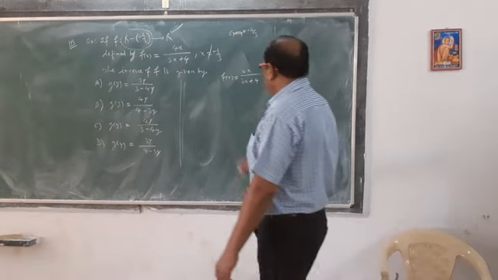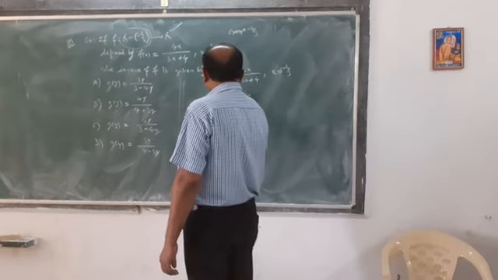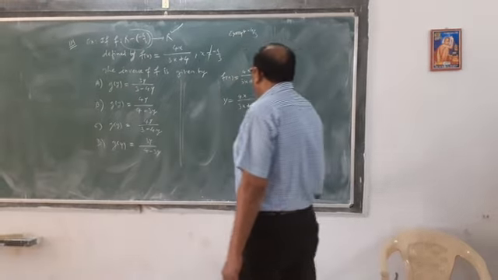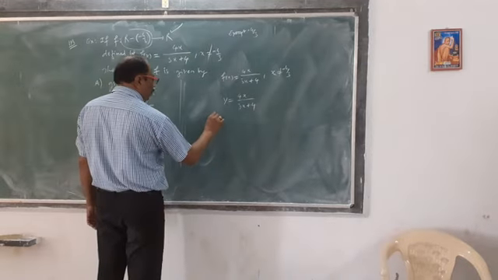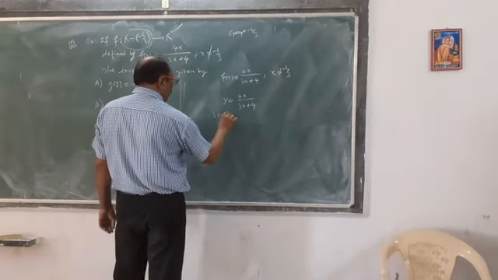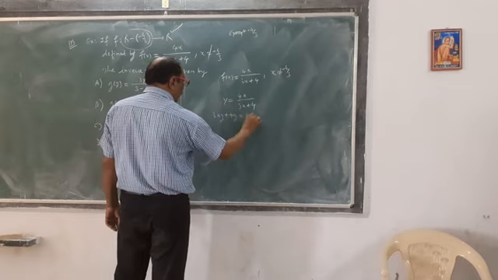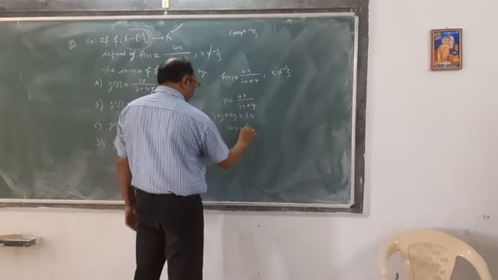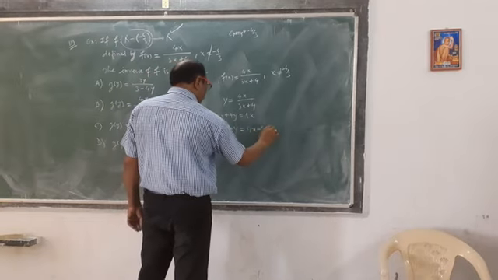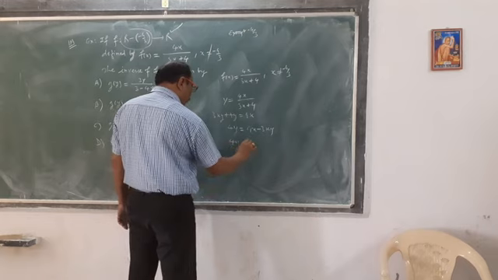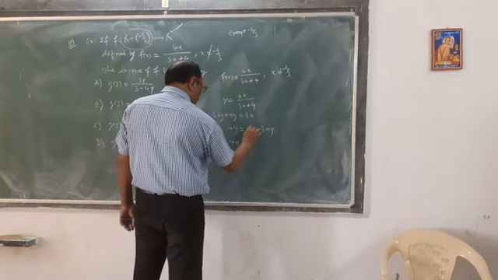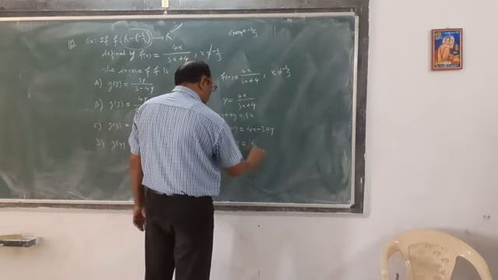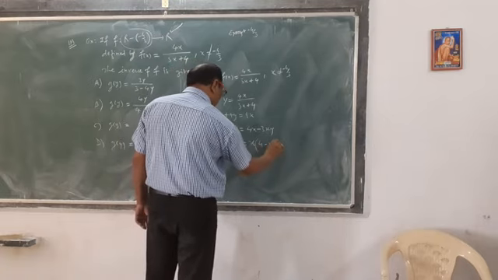Means what is f of x? We take it as y, 4x upon 3x plus 4. Then cross multiplication: 3xy plus 4y is equal to 4x. Then 4y is equal to 4x minus 3xy. We take x as common: 4y is equal to x into (4 minus 3y).